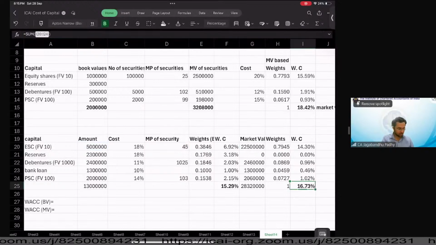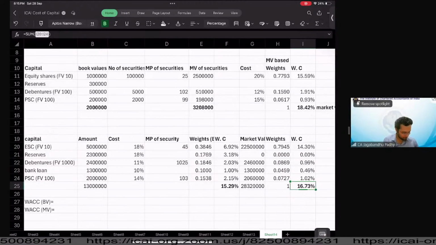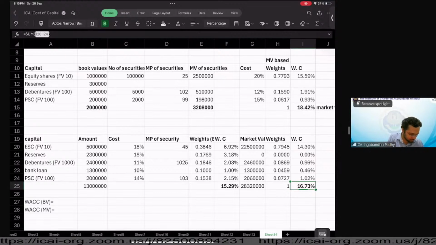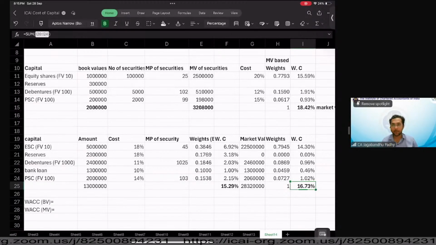Well, getting this 16.73 number. Yes, guys, are we getting the 16.73 number? Mine is 16.48. Is it okay?